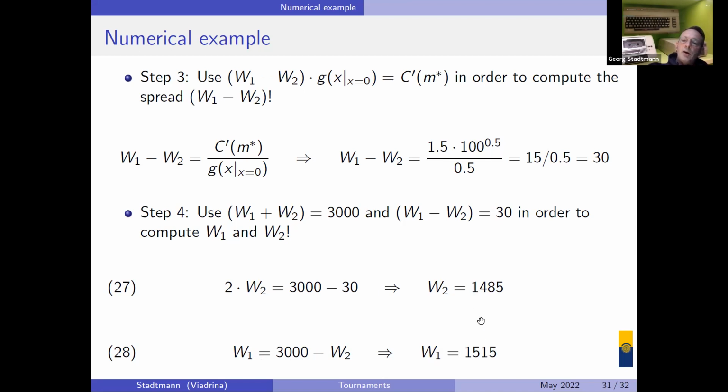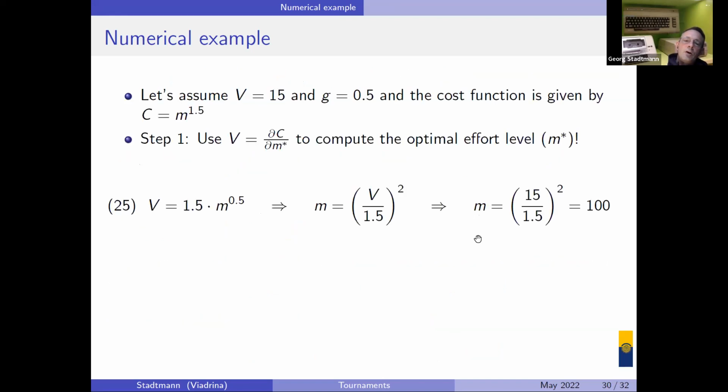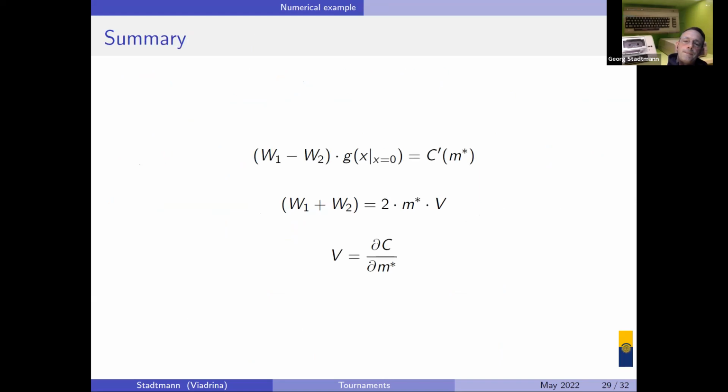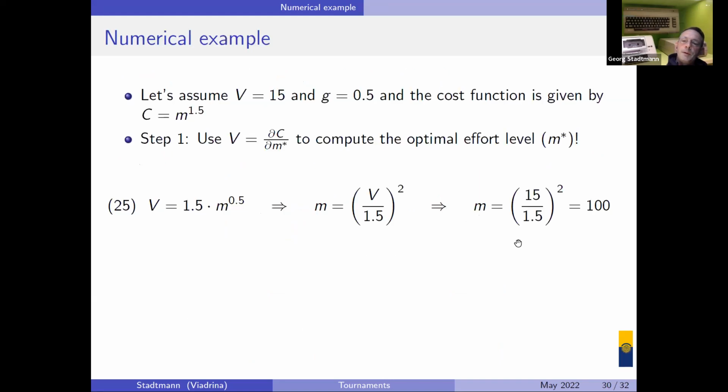These are the optimal W's. The spread is equal to 30. So when you subtract 1,485 from 1,515, you get 30. The purse is equal to 3,000. And the optimal level of m is equal to 100.